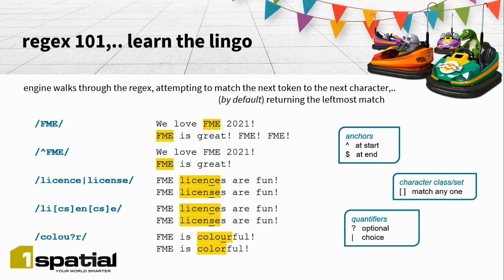So square brackets, character class, we can choose any one of the characters in that class. Or final example, we can use the question mark to make the preceding character optional. So whether you spell colour in Canadian or correctly, then the regex matches both here.